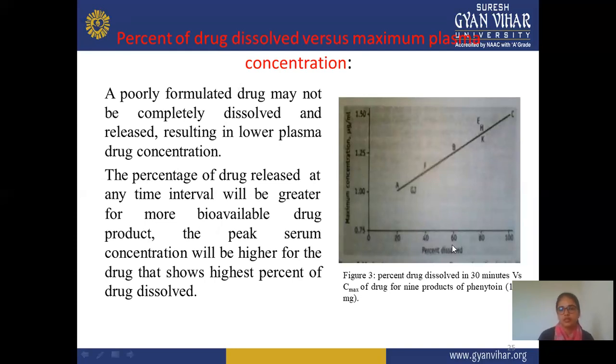And it's a graph of percent dissolved versus maximum concentration in microgram per ml, and percent drug dissolved in 30 minutes versus Cmax of a drug, that is nine products of phenytoin 100 mg.